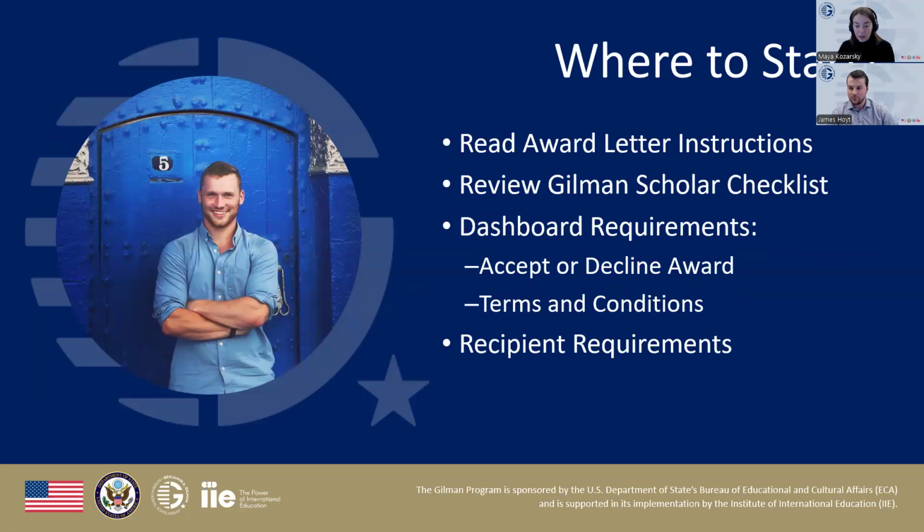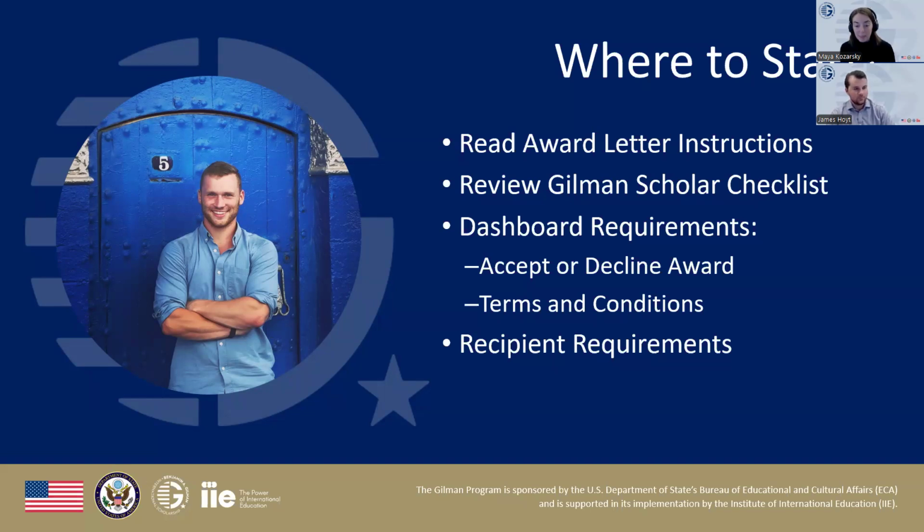So you may be wondering where to start. We recommend first reading the award letter instructions, which include helpful information and links to additional resources. We also encourage you to review the Gilman Scholar Checklist, which allows you to track all Gilman Scholar requirements before, during, and after your abroad program.